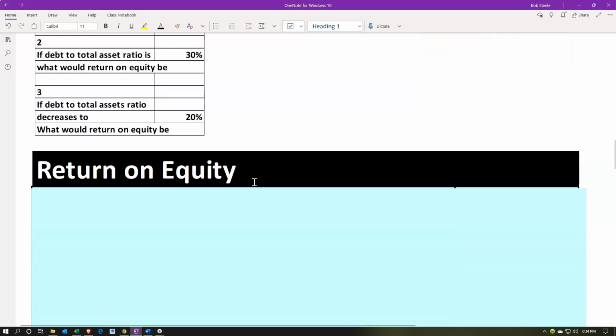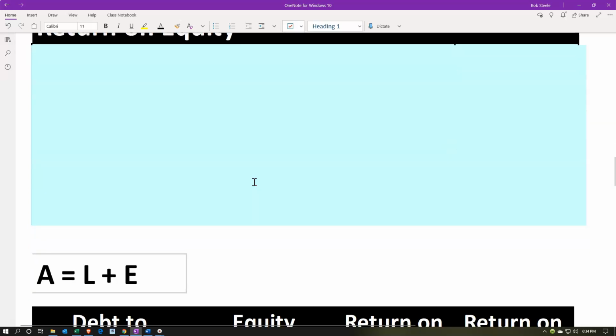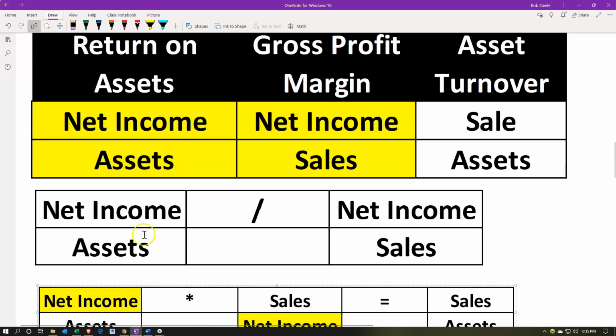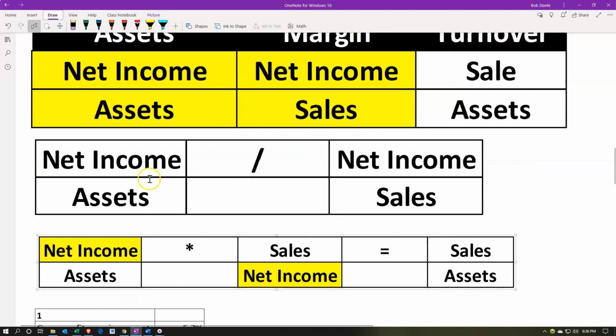So we will have the net income over assets, which is the return on assets, and divide it by the net income over sales, which is the gross profit margin. These are two fractions, and we're going to divide them out.